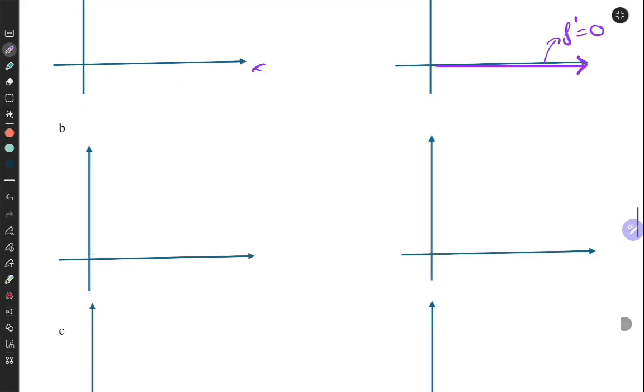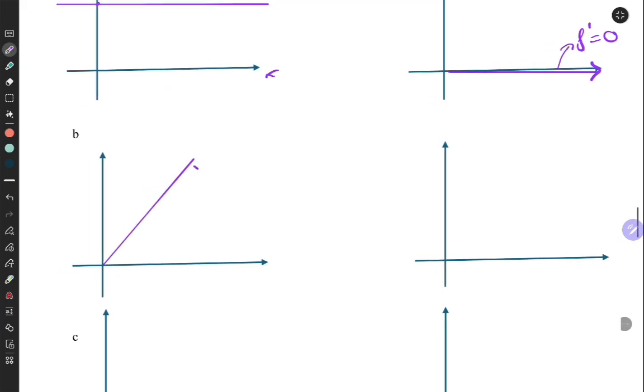Next one. f of x equals x. So this is f, this is f prime.